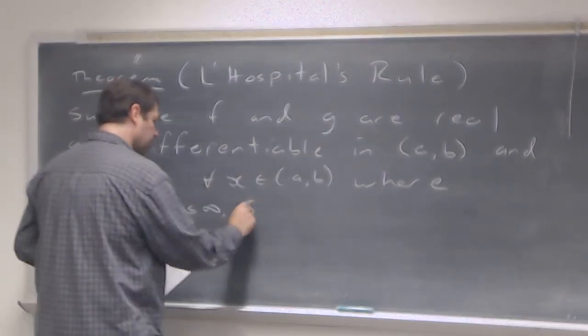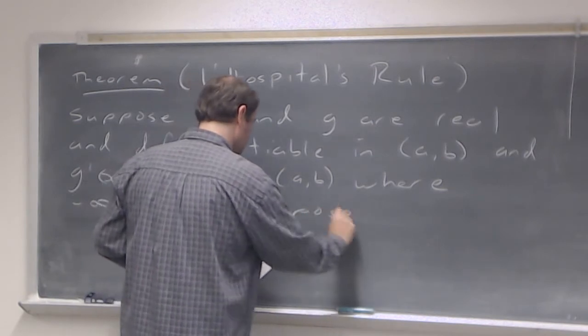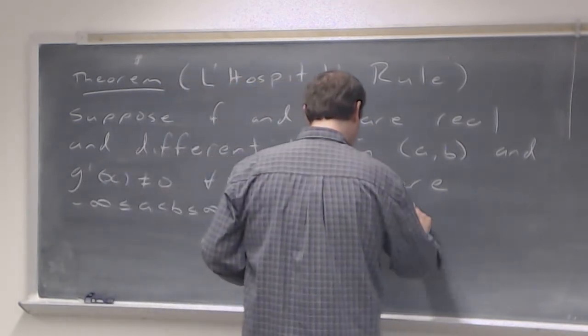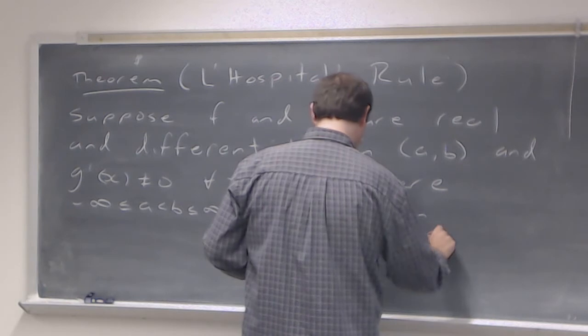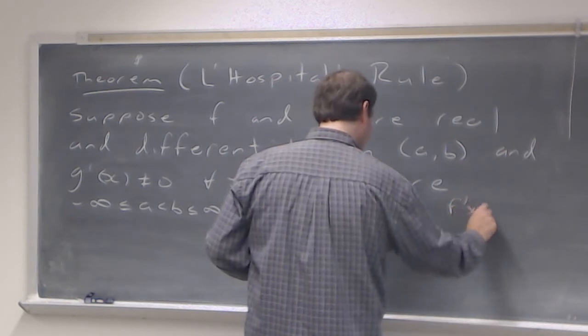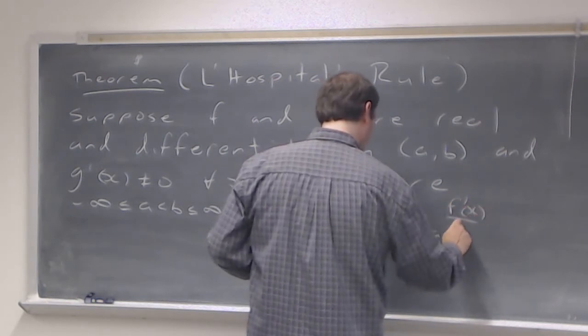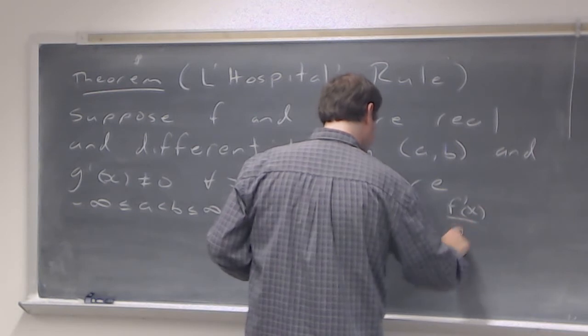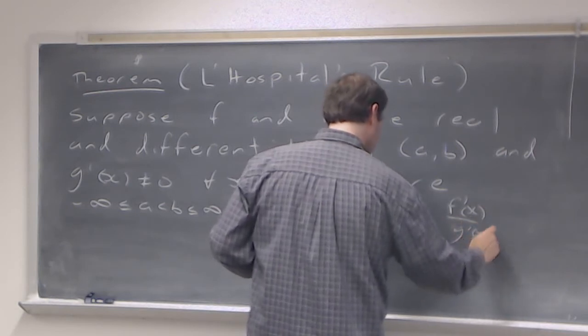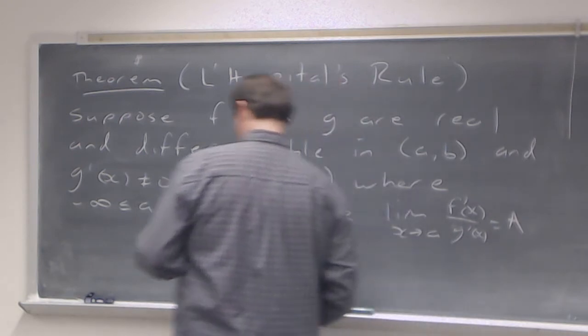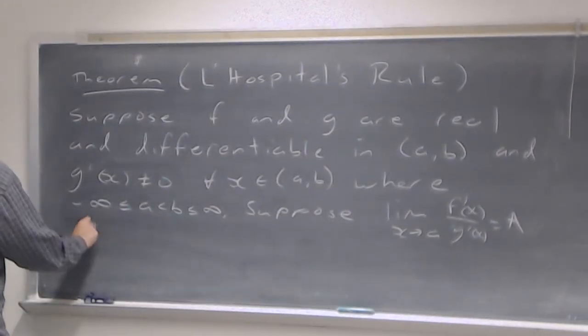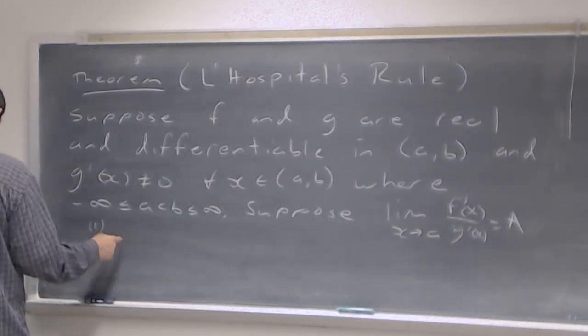Okay. Suppose also the limit as x goes to a of the derivative of f over the derivative of g equals A. Then we'll have two more possible suppositions.